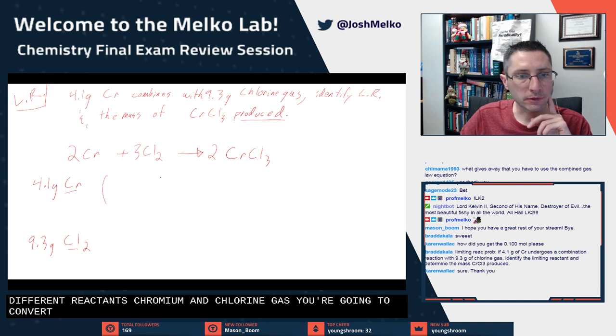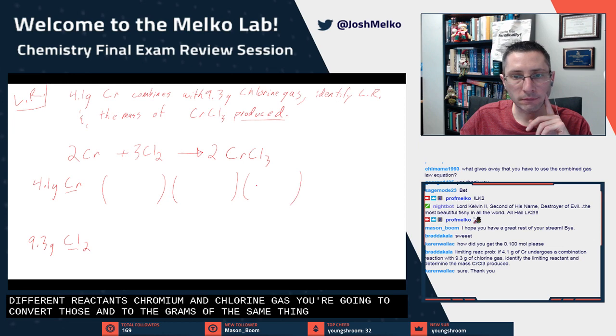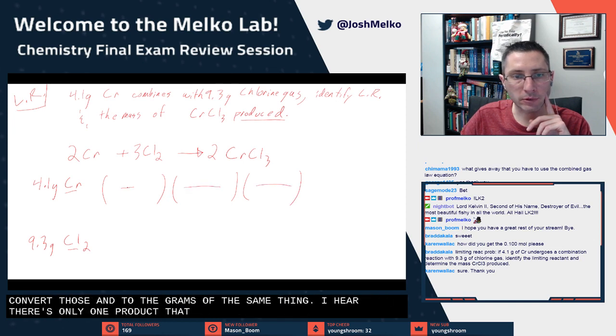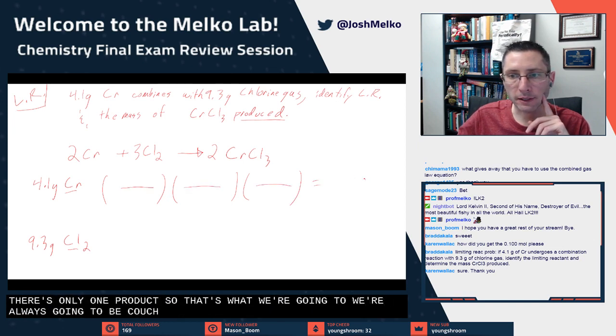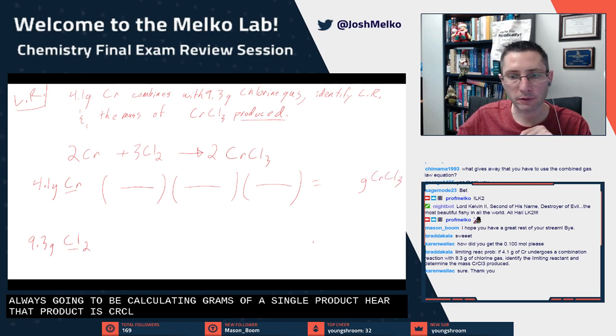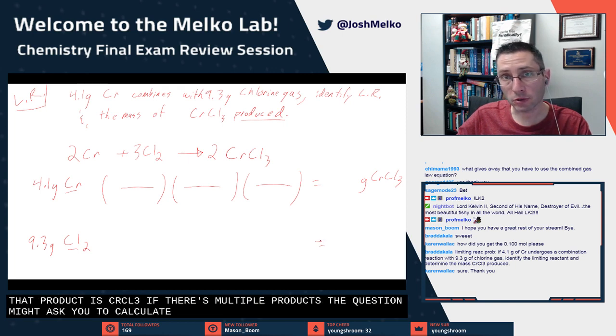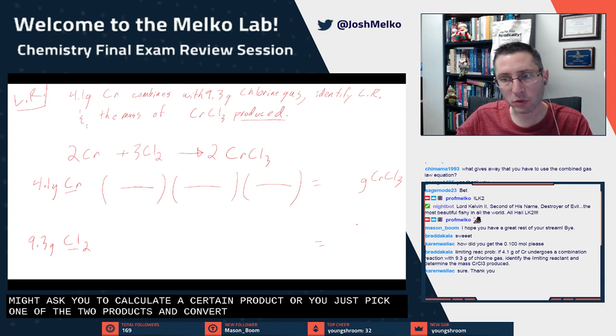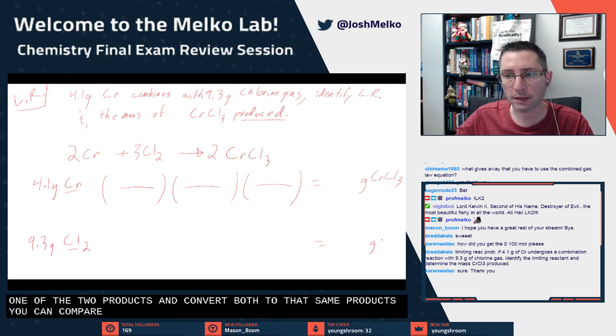You're going to convert those into the grams of the same thing. Here there's only one product, so that's what we're going to. We're always going to be calculating grams of a single product. Here that product is CrCl3. If there's multiple products, the question might ask you to calculate a certain product, or you just pick one of the 2 products and convert both to that same product so you can compare grams to grams of that same product.